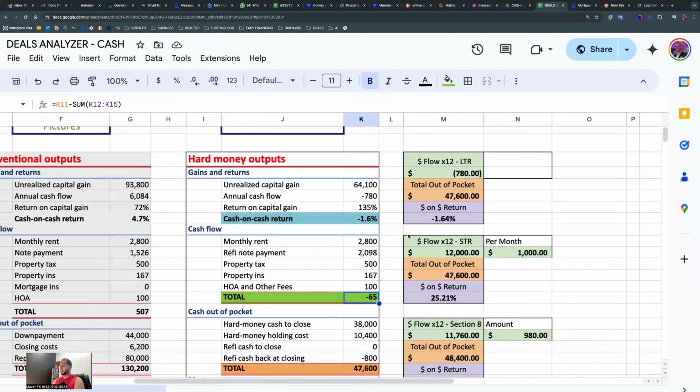I do recommend, and most experienced investors will recommend, that you run your numbers based on long-term. Make a decision based on long-term tenants, because if everything goes to hell, you have a long-term tenant there.